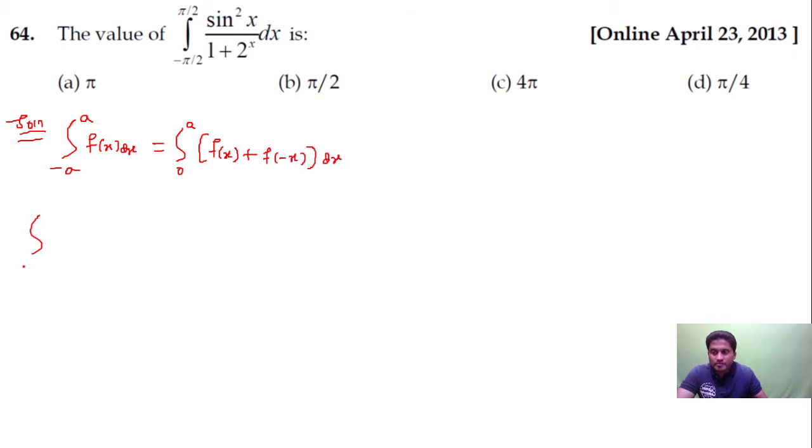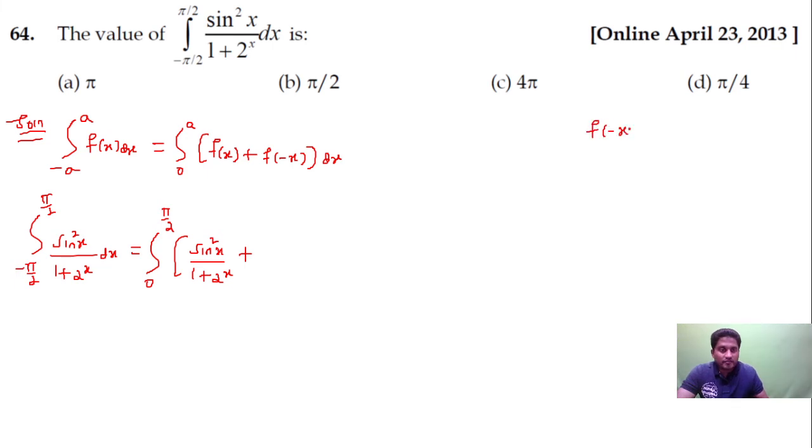So the integral from minus pi by 2 to plus pi by 2 of sine square x upon 1 plus 2 power x dx is equal to the integration from 0 to pi by 2, taking this in a bracket, where f of x is equal to sine square x upon 1 plus 2 power x. And f of minus x will be equal to sine square of minus x upon 1 plus 2 power minus x.